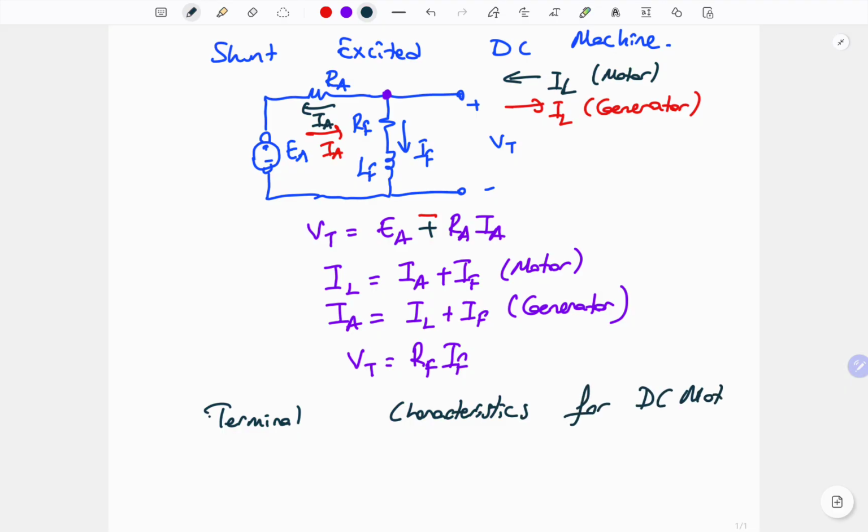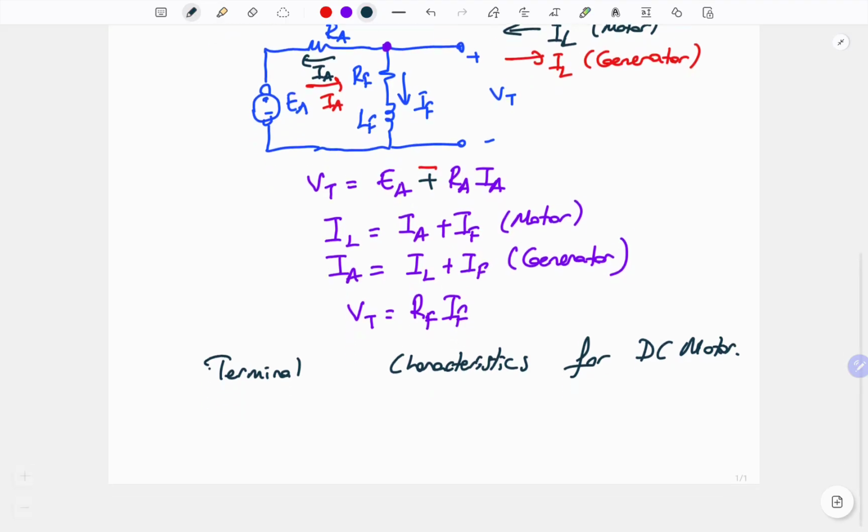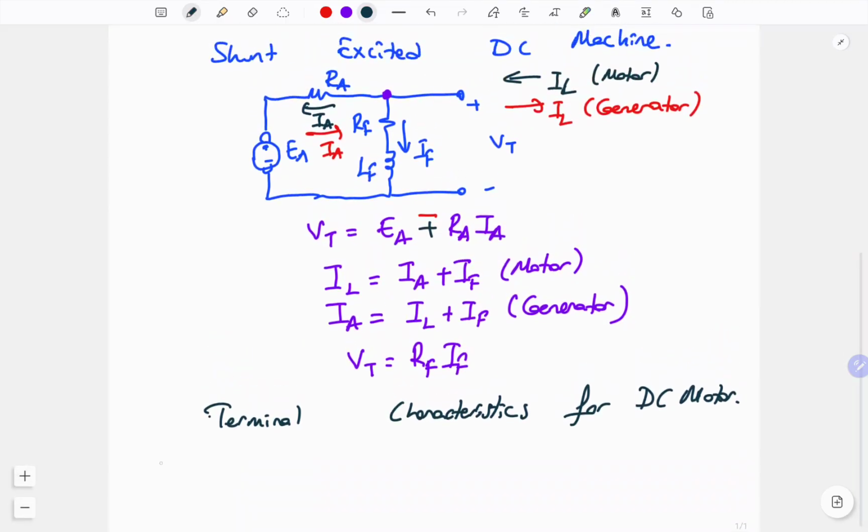It will include the torque increments. If we increase the output load, what will happen? Our internal developed induced torque must increase. We need higher torque to be able to supply this higher load.